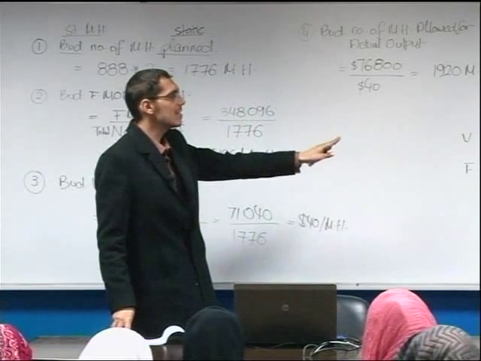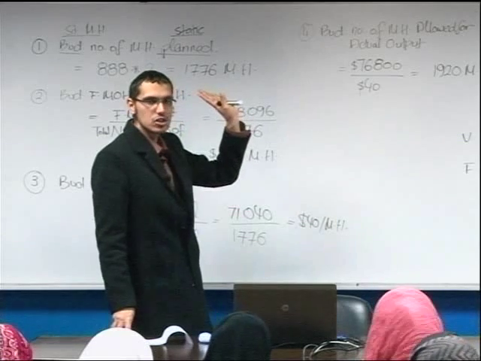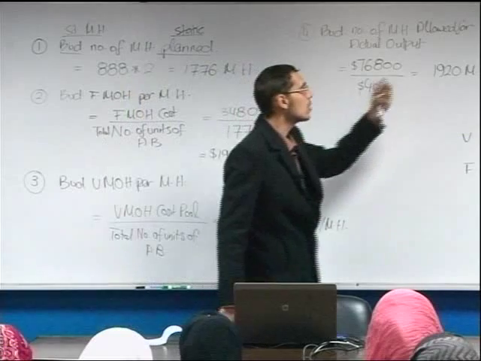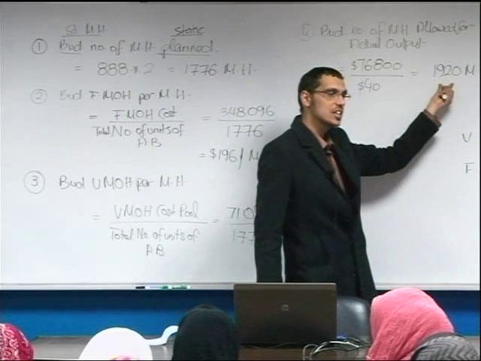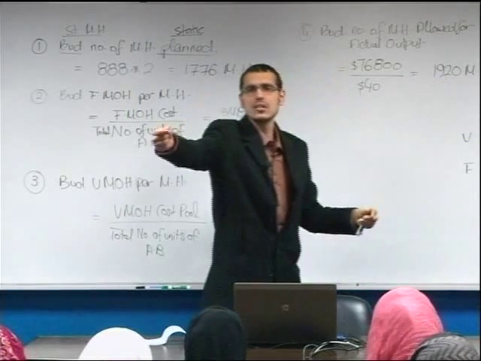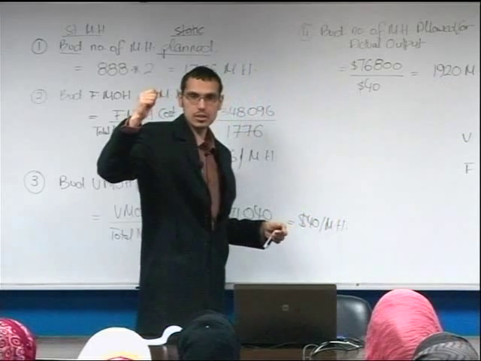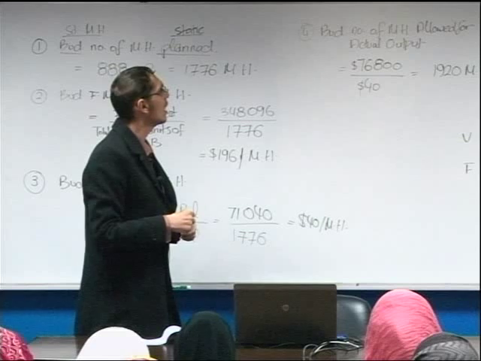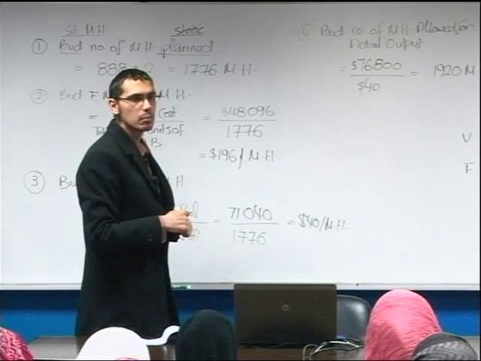Of course, until now we do not know the actual number of units. But now I know that I need 1,920 machine hours in order to produce some number of units. Any questions? Therefore now, number 5.